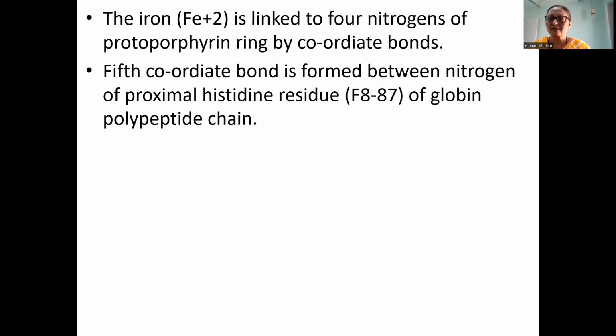Now, I want you to stretch your imagination further, that this heme is attached to a globin chain in a hemoglobin structure. Imagine this as your globin chain made up of several amino acids. Each globin chain is folded in such a way that you get the formation of a pocket.